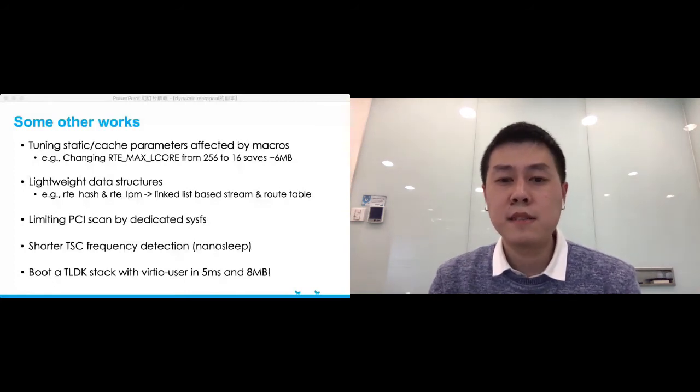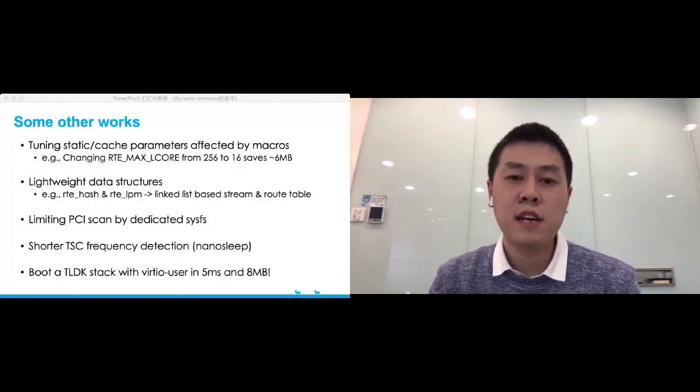Also, we replaced the rte_hash and rte_lpm libraries in the implementation of stream and route tables with linked-list-based hash to reduce memory consumption, because rte_hash and rte_lpm instances would be quite large.